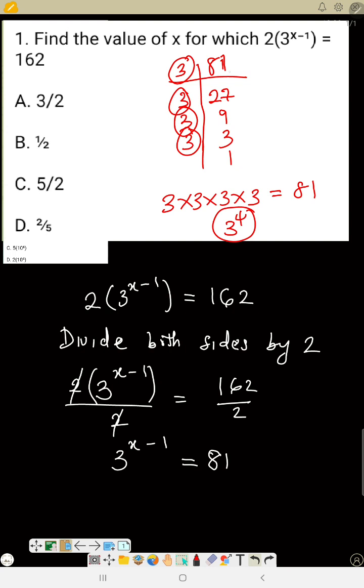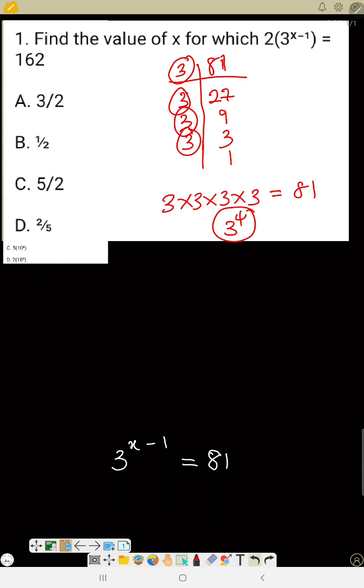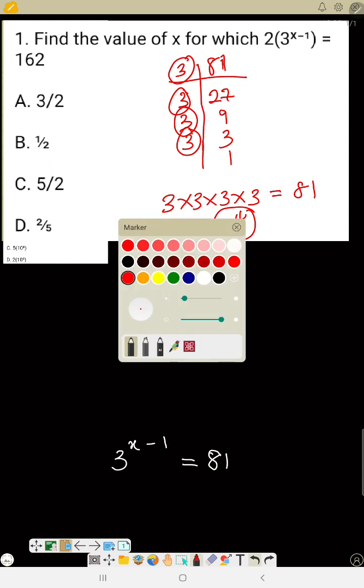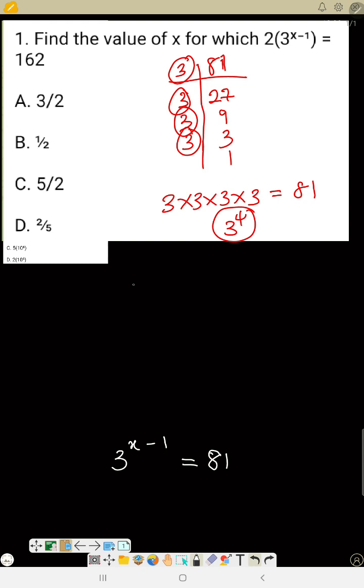If you don't know how to find the index form, you will be using that LCM format. So now this is the same thing as 3^(s-1) = 3^4. So 3 will cancel out 3, and this becomes s - 1 = 4. The bases are the same, so the powers must be equal.